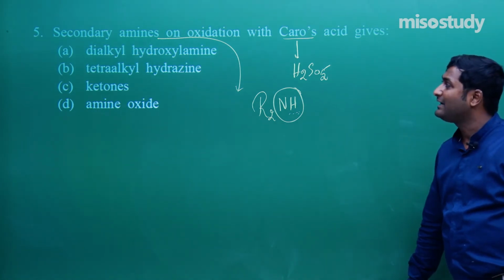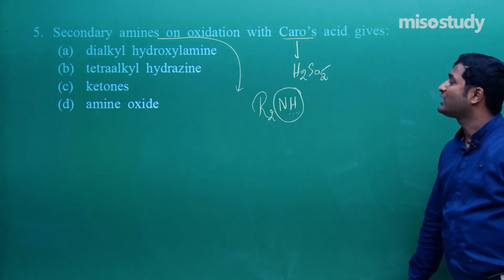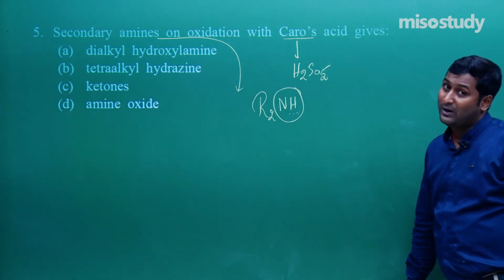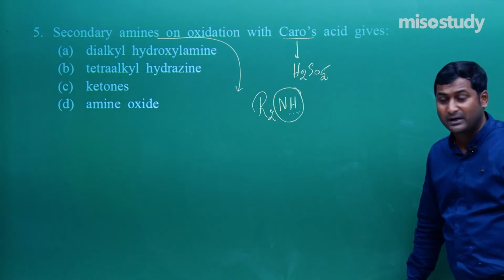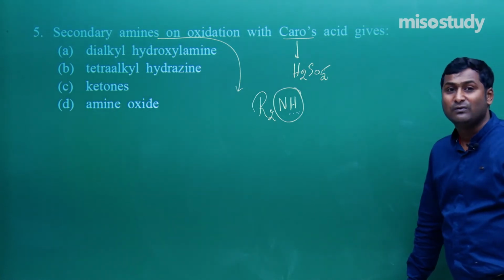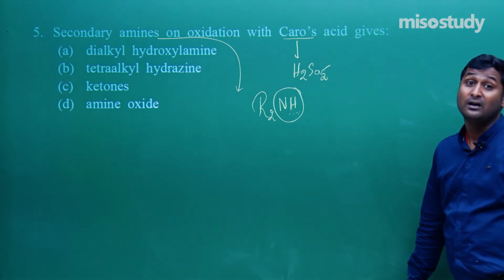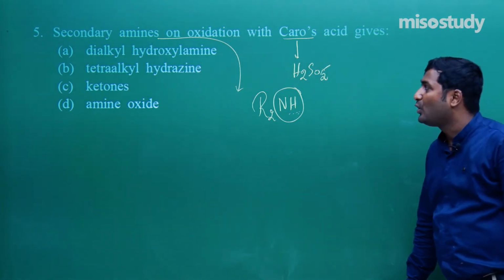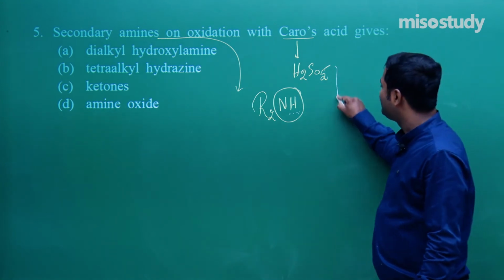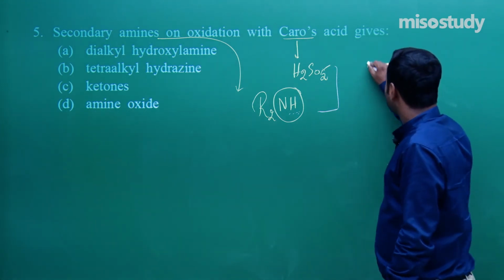So a secondary amine on oxidation with Caro's acid. What is oxidation? We know that it is removal of hydrogen and addition of oxygen. So it's very simple, this is a simple question.